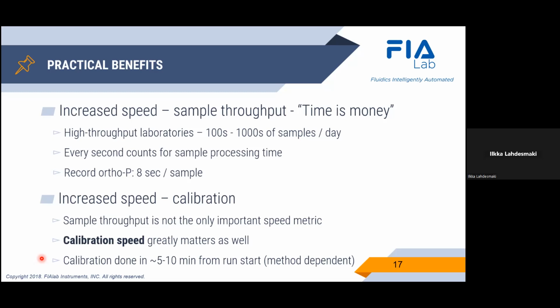There've been several cases where FIA Lab has replaced other instruments, and the analysts are saying this is so great. The calibration takes no time at all, and I know immediately whether my run worked out or not. And it just matters a lot to them.